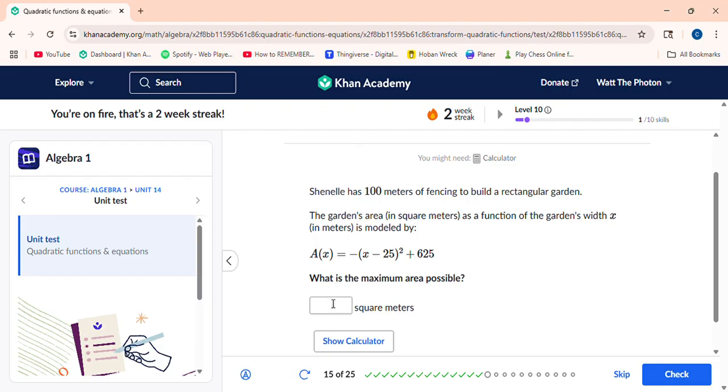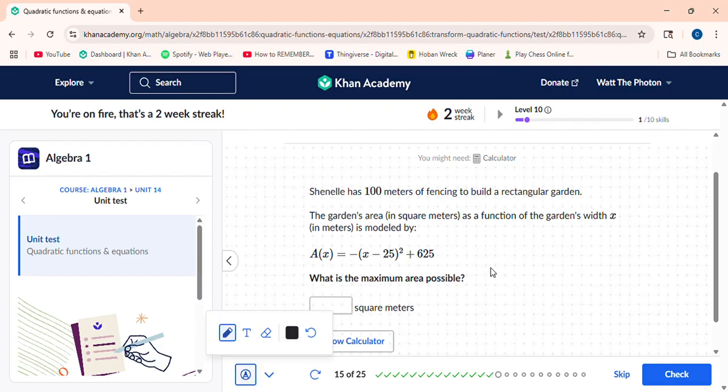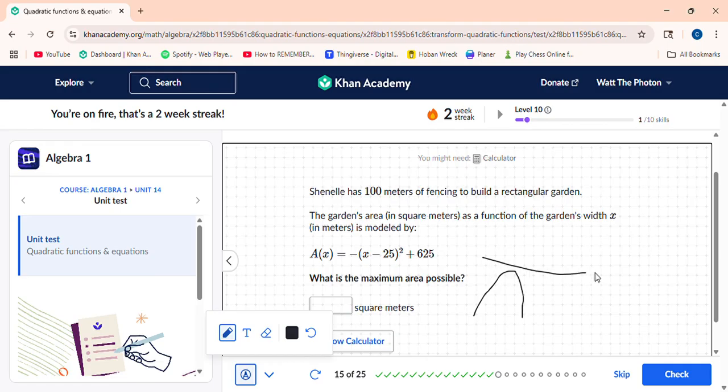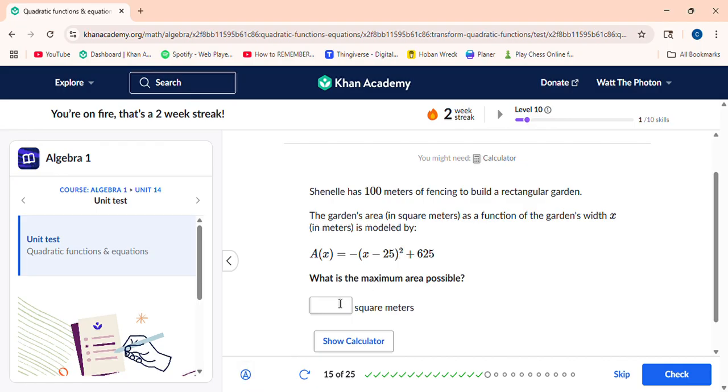We're going to say this is negative. That graph's a negative. And so whatever we put in here, we're aiming for a 0. There's only one solution, and that's 25. So 625.